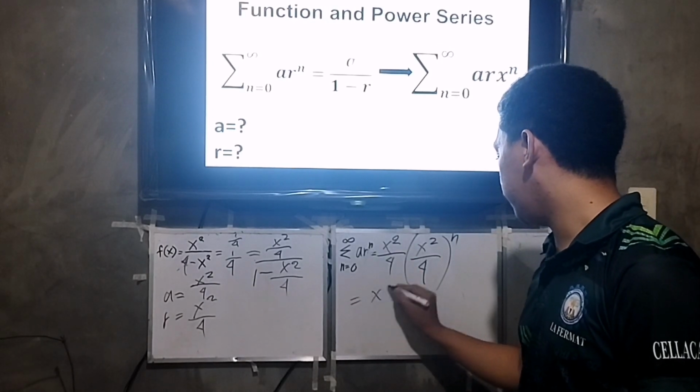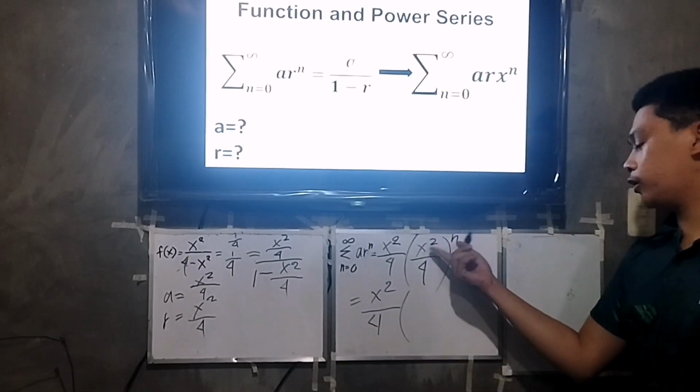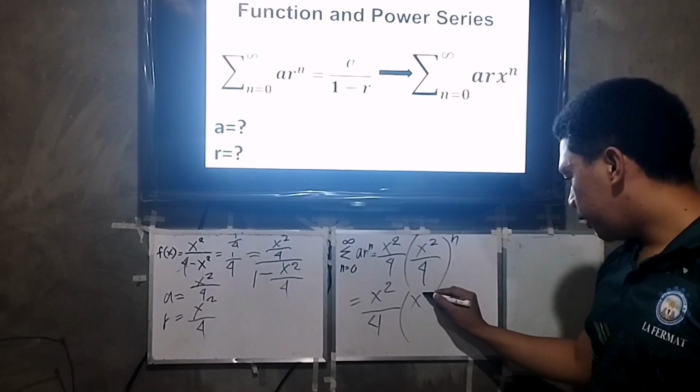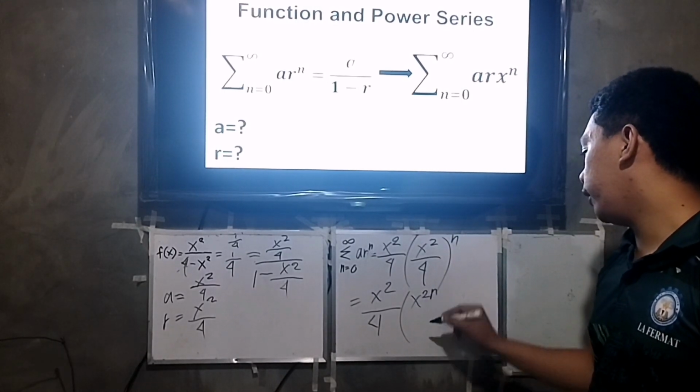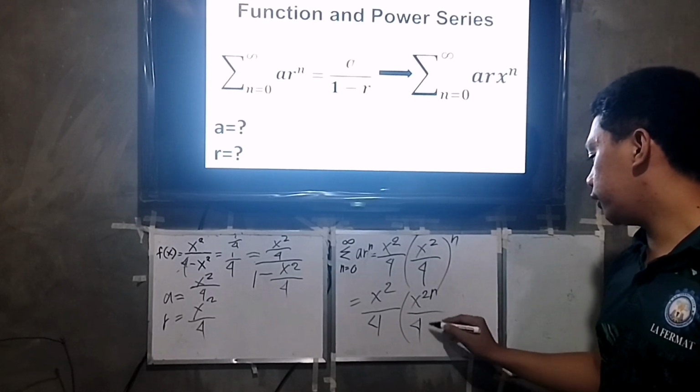Then x squared times n gives x to the 2n. Then 4 to the power of n.